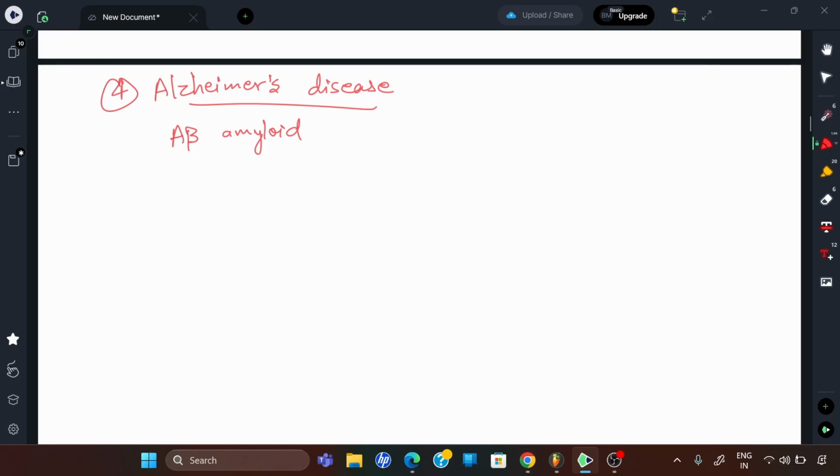And this A beta amyloid is derived from the beta amyloid precursor protein, and the gene for this precursor protein is present on chromosome 21.